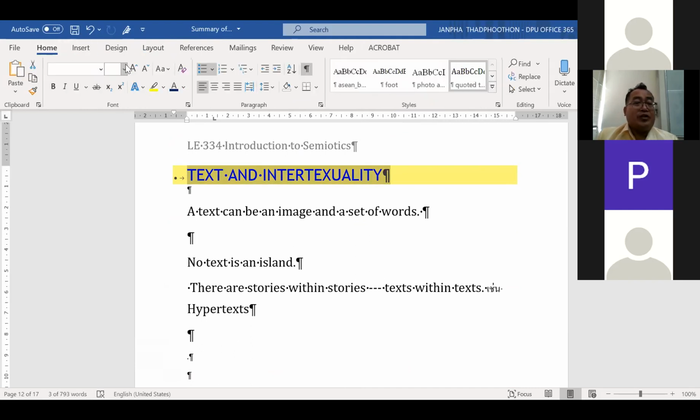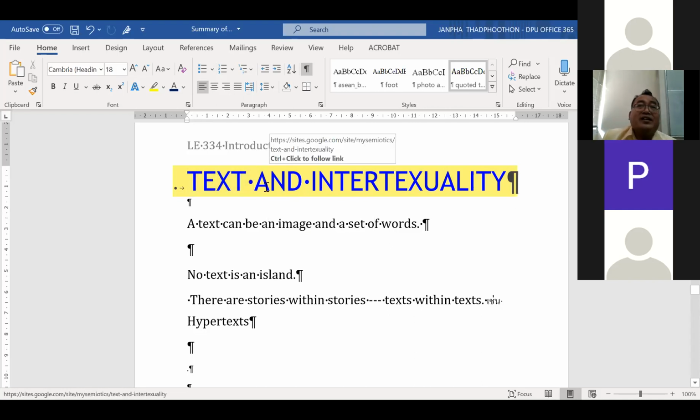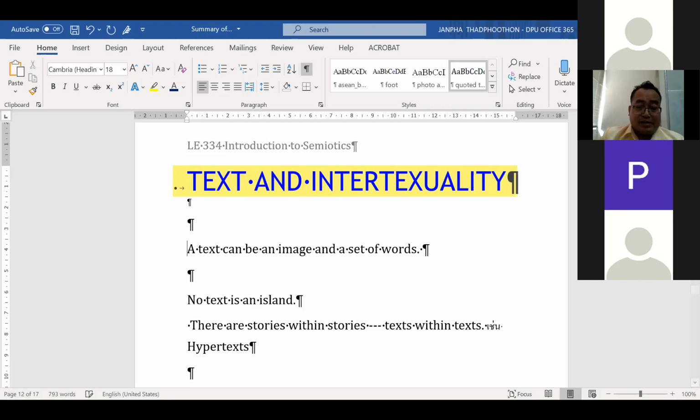Now let's move on to the next topic on text and textuality. Sorry, intertextuality. What is a text? From a semiotic perspective, a text is a story.